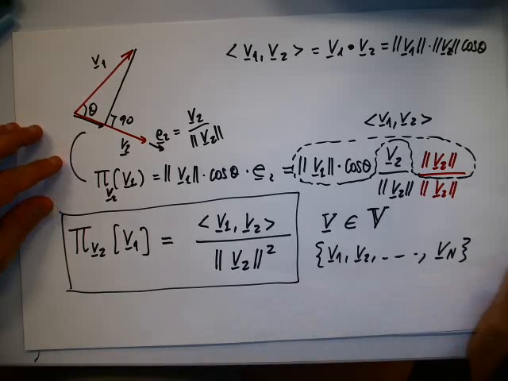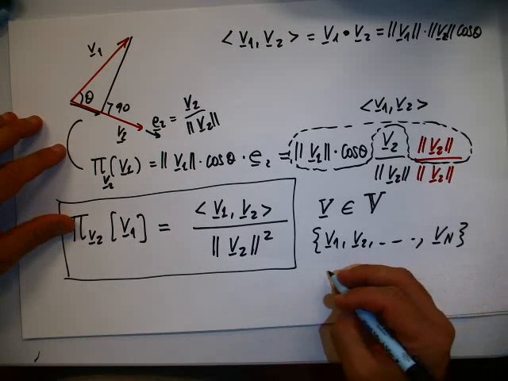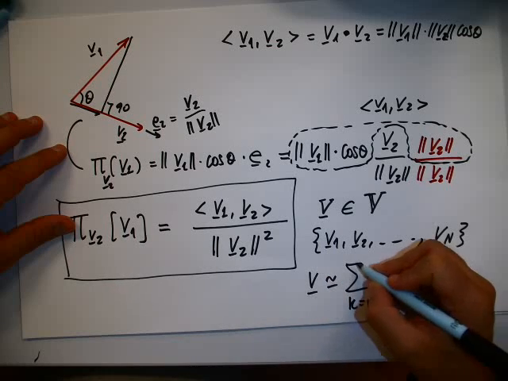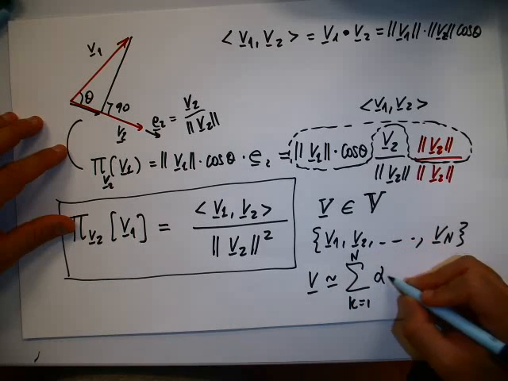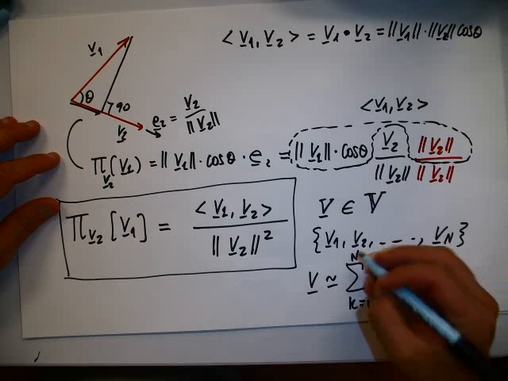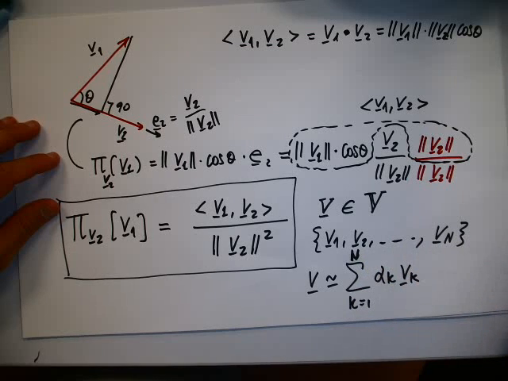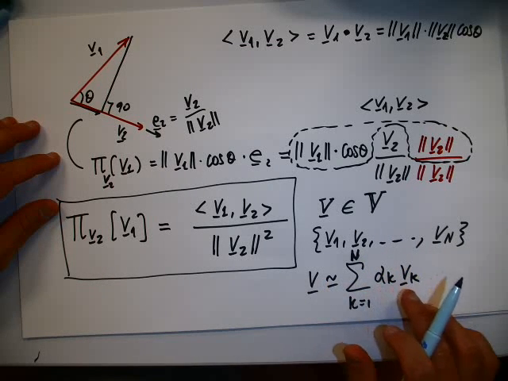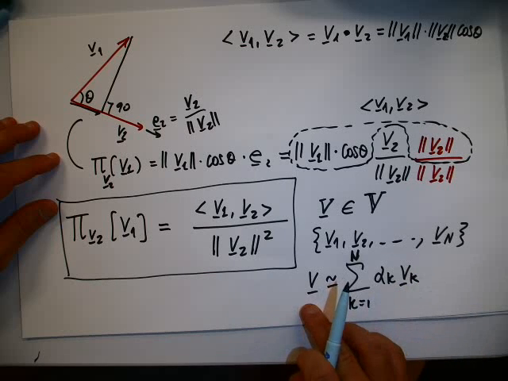We would like to express V as a linear combination of these vectors, and also we would like to understand when this linear combination is exactly equal to V.